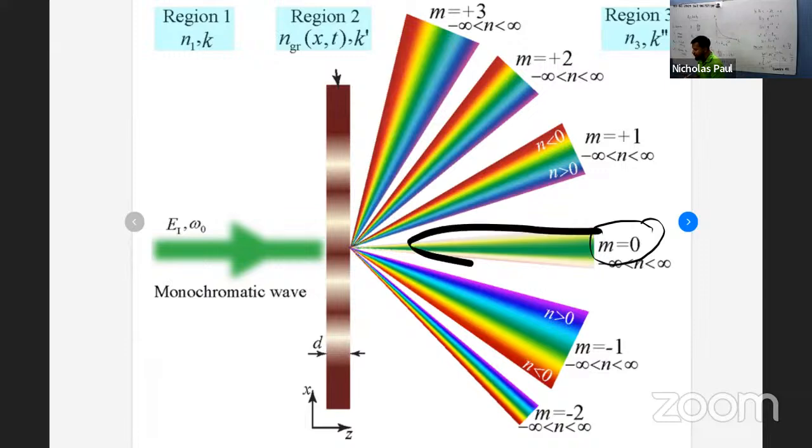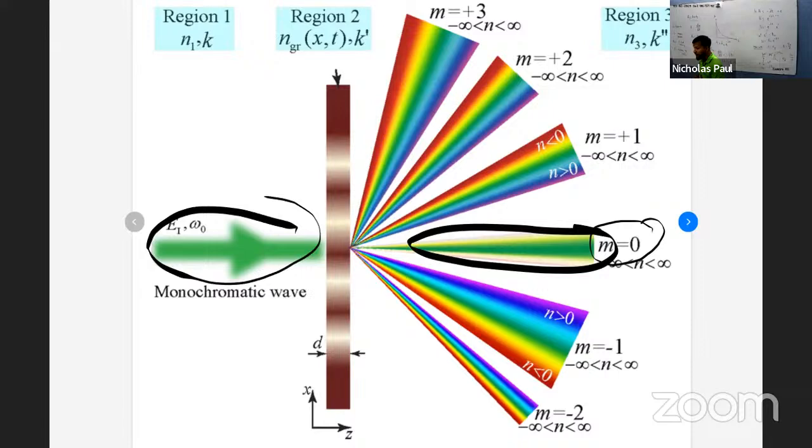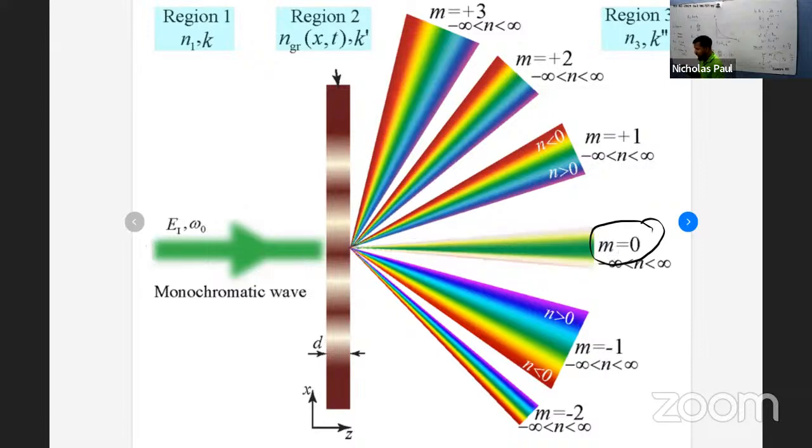So the colors here will match all the colors here. But all the others now, the colors are split up. So here, this is your first order, this is your first order. This is second order, second order. They didn't show the third order underneath, but that is your third order.